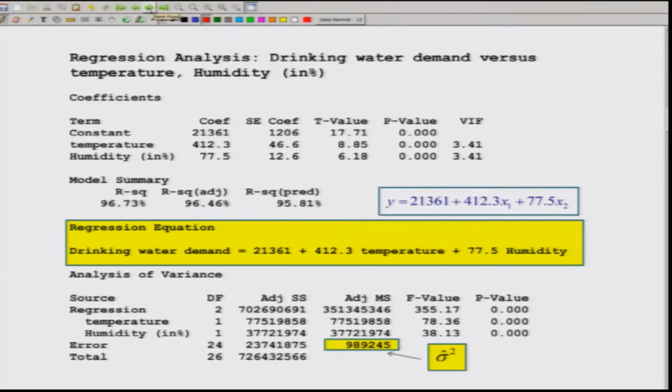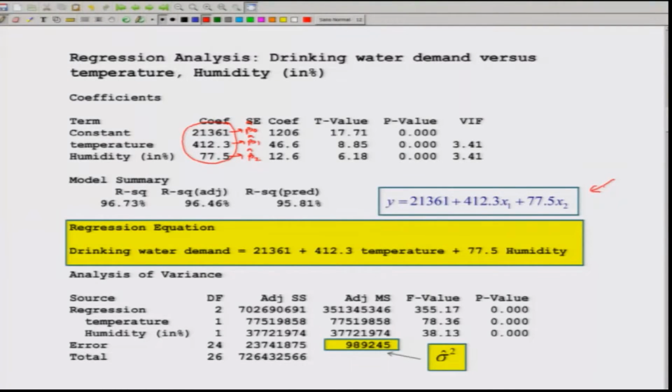Now I would like to use some particular part, and I would like to have your attention. We already have discussed that these three values are the values of beta 0 hat, beta 1 hat, and beta 2 hat. And then we have obtained this model.